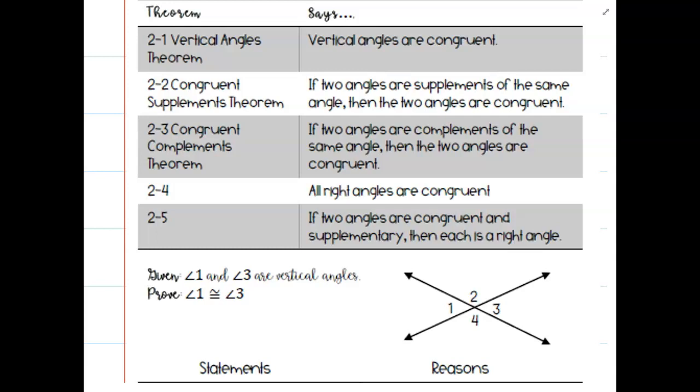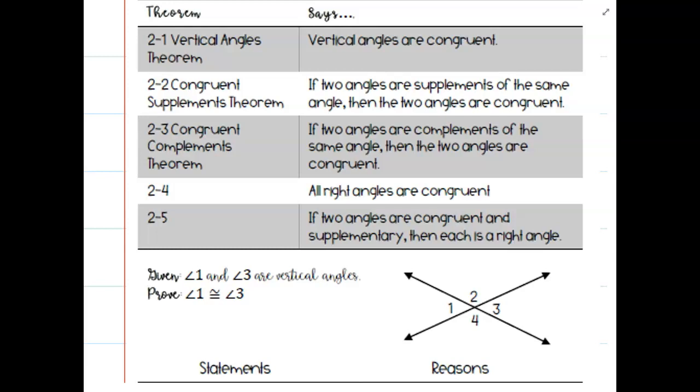Then you take away this angle, and you bring in another angle, and this angle is also supplementary to the angle we already had. If 2 angles are supplements to the same angle, those 2 angles are going to be congruent. We're going to prove that today as well, and it also works with complements. So if 2 angles are complementary to the same angle, then they are congruent.